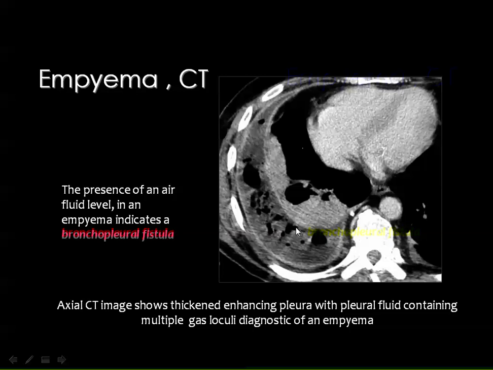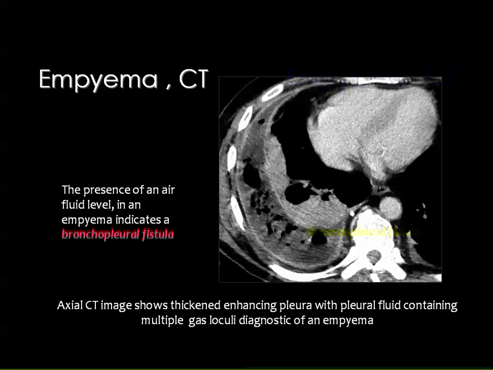There are three ways for air to develop inside the empyema. Number one, and the most common, is the iatrogenic way. You try to aspirate, you try to drain, then you introduce air inside the empyema. The second way is the development of a bronchopleural fistula, communication between the pleural space and the bronchi.